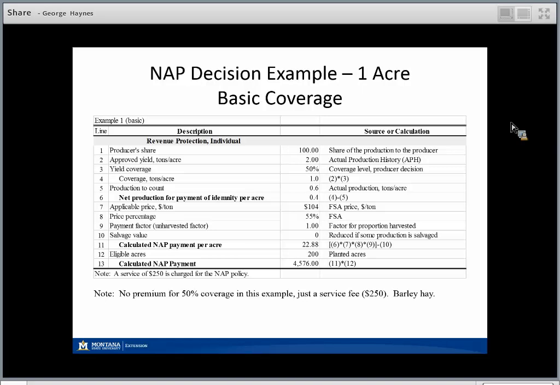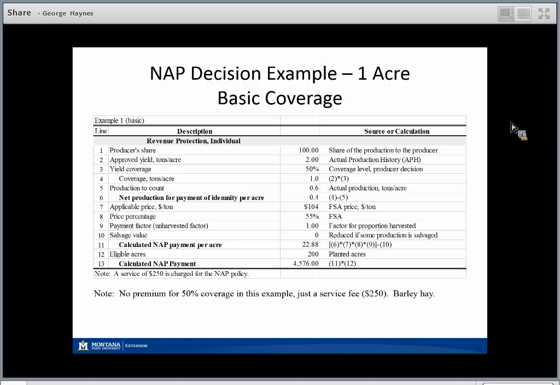So we get a calculated net NAP payment per acre down here of $22.88 per acre. We had 0.4 of a ton of alfalfa hay here, and we're going to get paid right around $55 a ton for that. It's a little more than that.